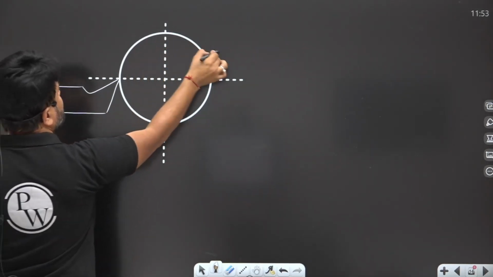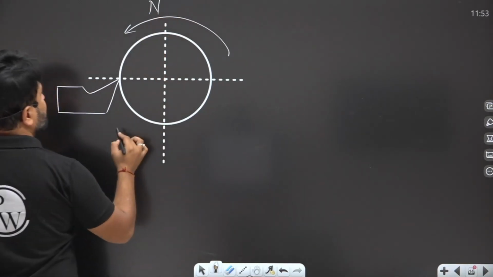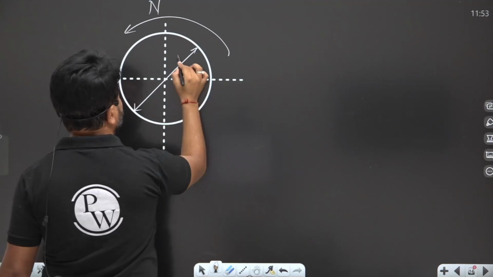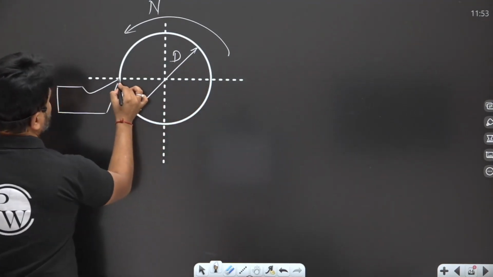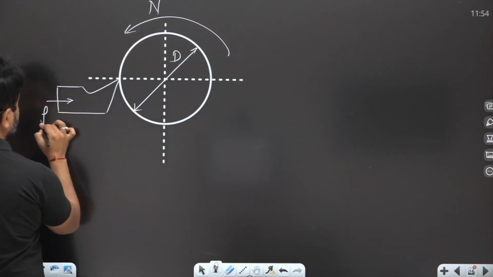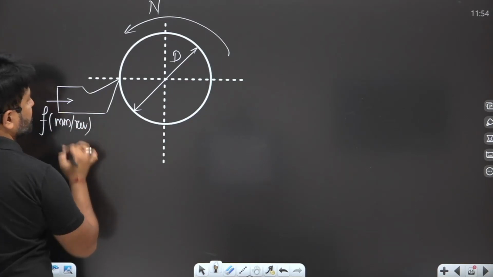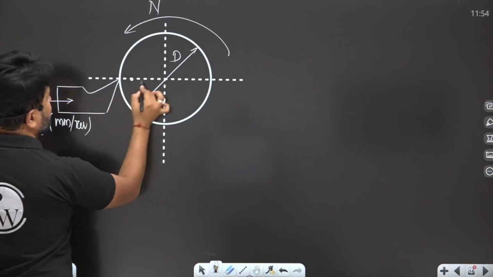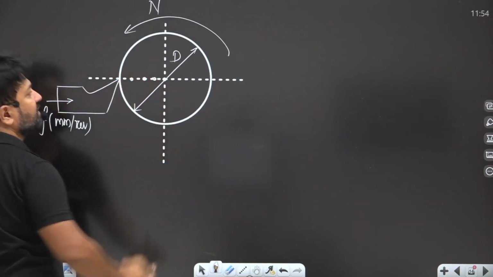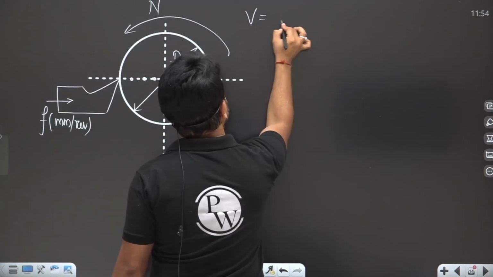Now if the workpiece is rotating with rpm n, and this is the diameter of the workpiece, that is d, the tool will move across the face, with the feed in mm per revolution. Sometimes the tool comes here, sometimes here, and at the end it comes here.